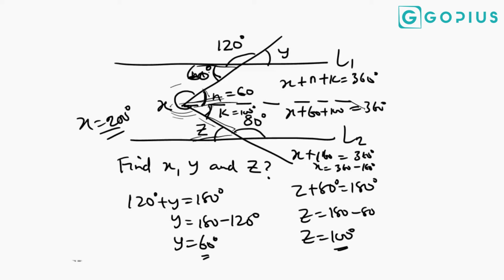Once that place is divided into two, I can say that 60 degrees, vertically opposite to Y, is alternate to one of those angles, and also Z that was 100 degrees is alternate to the other angle below. So with that, we can now find X as angle at a point with those other angles.